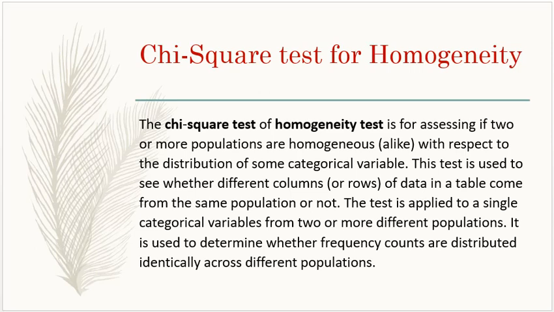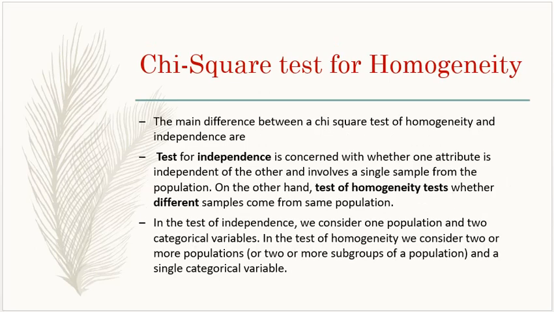It is an extension of the proportion test that we studied earlier based on the normal sample or Z test. There we tested two binomial proportions, P1 equal to P2, whether the proportions from two populations are the same or not. Here we have to check whether the proportions of k populations are the same or not.